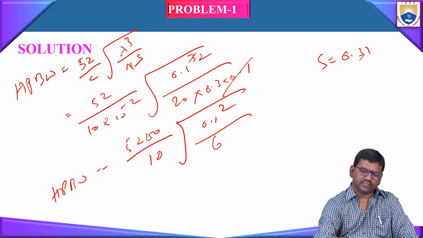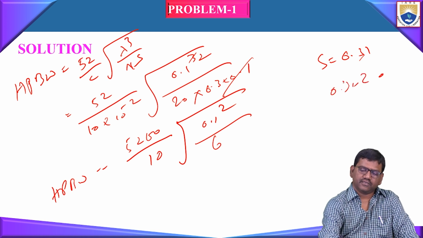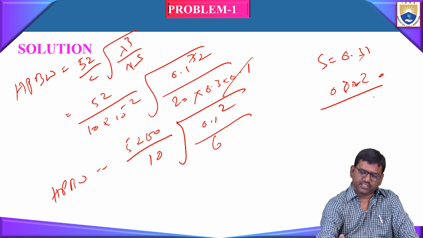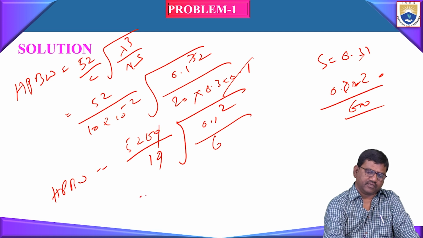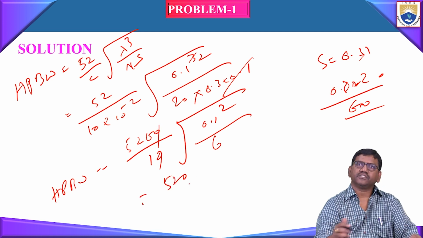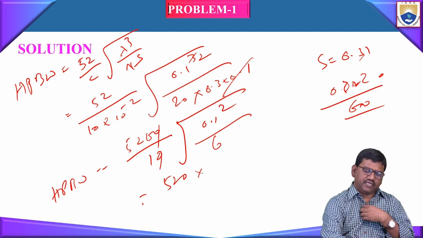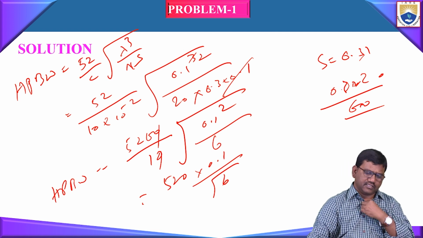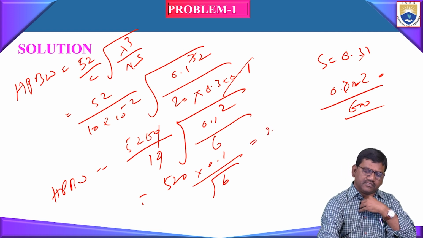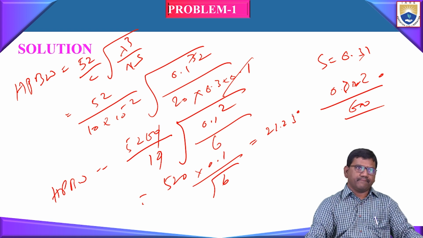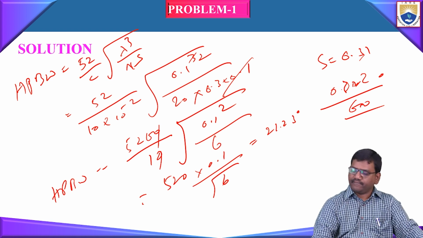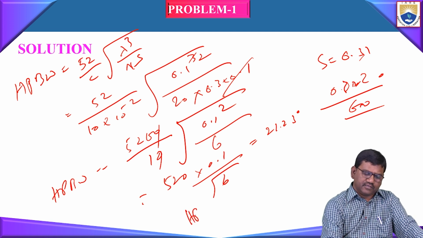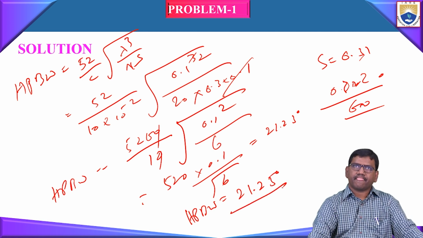The 0 gets cancelled, so you get 520 into 0.1 divided by root 6. By simplifying, you will get the value as 21.23 degrees. So this is the half power beam width, equal to 21.23 degrees.